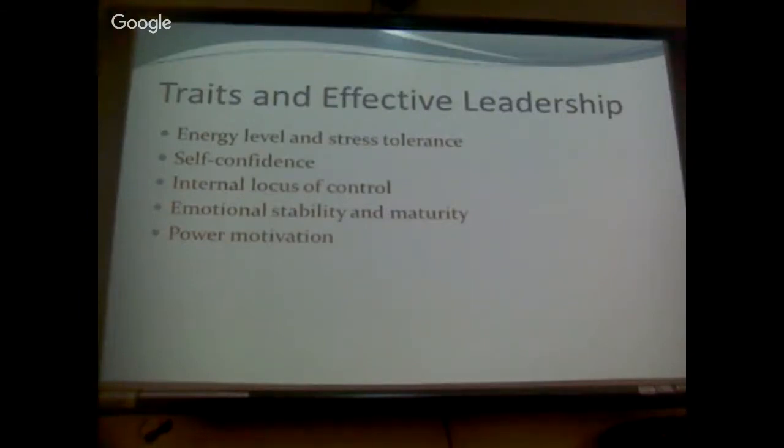Energy level, stress tolerance, self-confidence. If you think about what happens with self-confidence too, are you likely to follow somebody who isn't self-confident? The other thing that happens with self-confidence is people are more likely to take predictable risks, more likely to take chances, more likely to reach out to others.